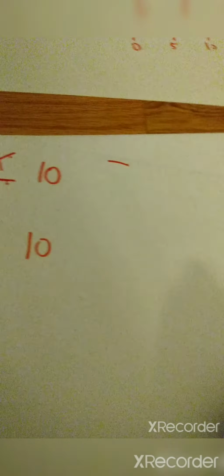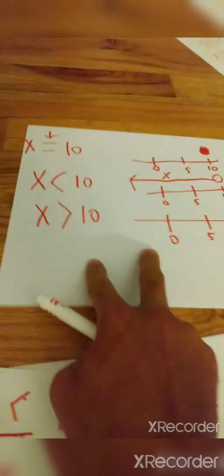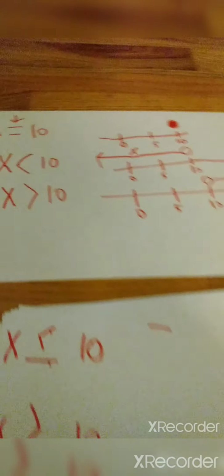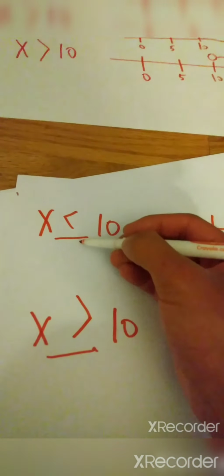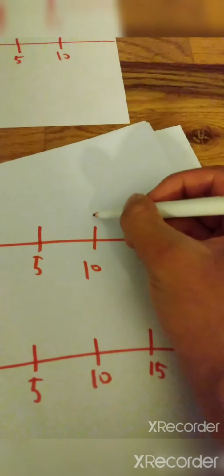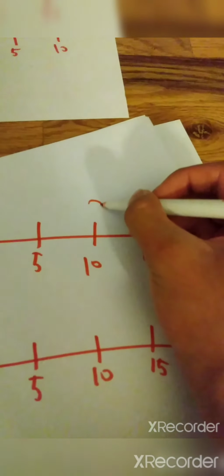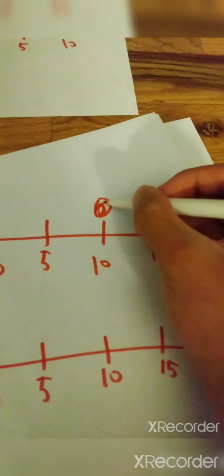Now let's see how we graph these on a number line, which is going to be totally different from the symbols we learned in past years. When we graph x is less than or equal to 10, we go over to the 10, but instead of leaving an open bubble, we're going to close it in.